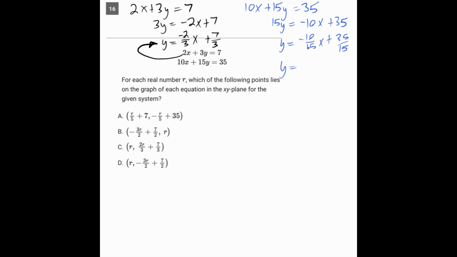So here, if we divide by 5 over 5, we'll have negative 2 over 3 x plus, and divide by 5 over 5 again, 7 over 3. And guess what? This equation is identical. Both of these things totally match each other.